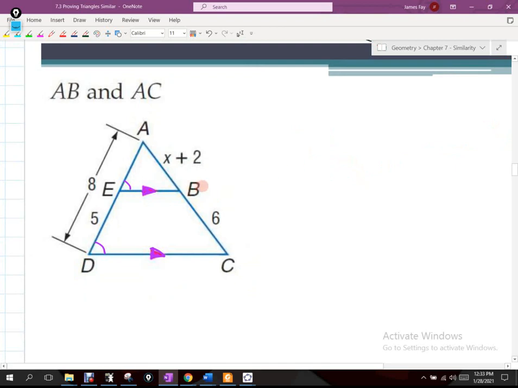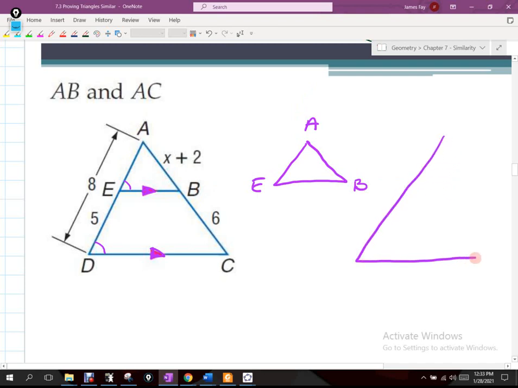Now, what I prefer to do, and I think this is the safest thing, you don't have to do this. You can leave the picture completely alone, but I think it makes sense to take A, E, B, and A, D, C, and separate them. And we knew A was in both of them. We know E and D were corresponding.